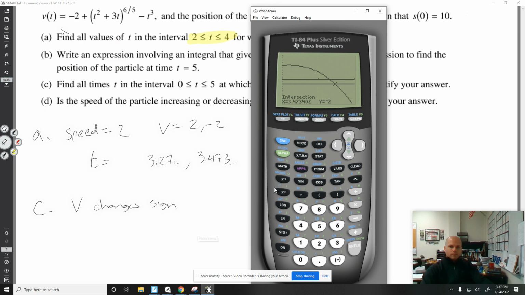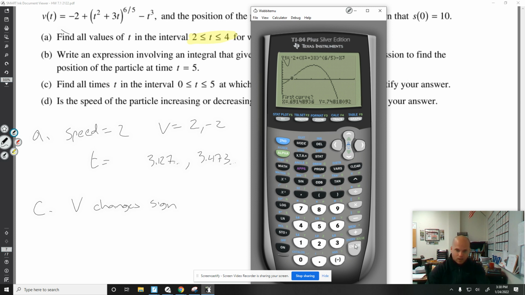0 to 5. Back to 0 to 5. Changing direction. These are maxes and mins of our position graph. This is the velocity graph. I'm worried that it's coming back, but it doesn't look like it is. Velocity goes from negative to positive. X is decreasing to increasing.